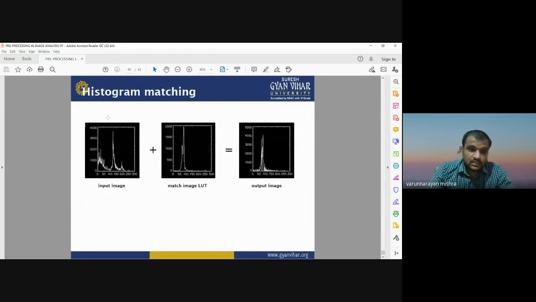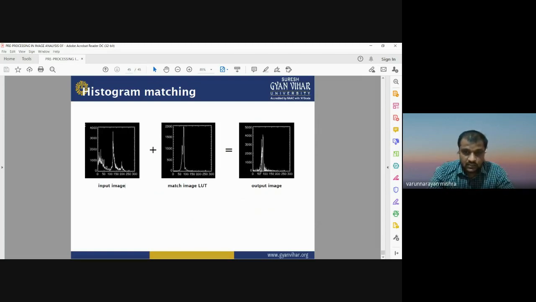So this figure shows the way in which we can perform histogram matching. In the input image, we have some histogram. Now it is matched with the histogram of another image, and the output image will have the matched histogram of both images.